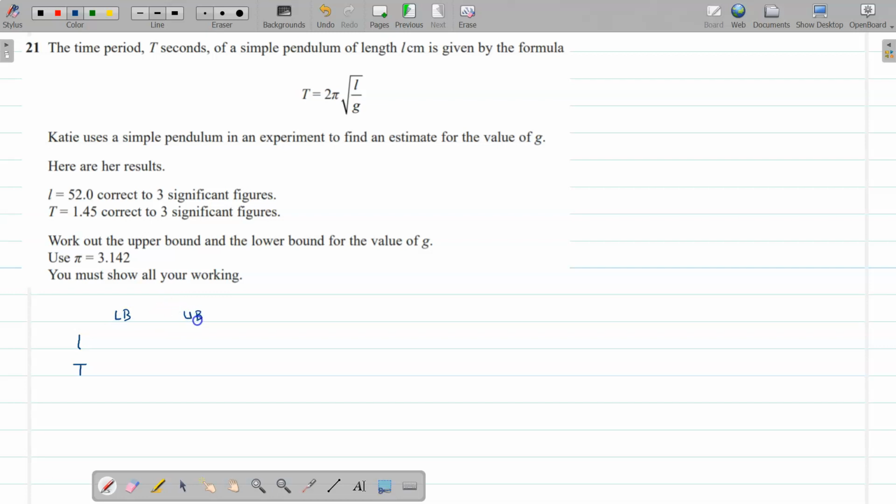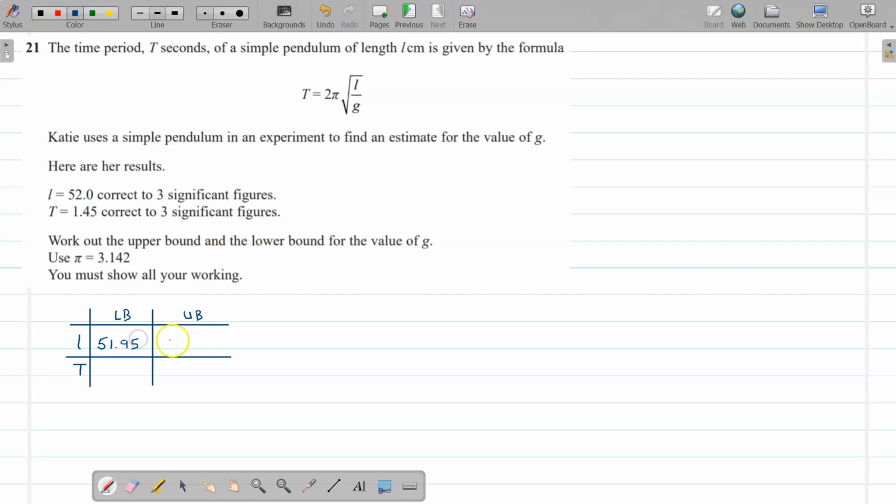So let's just quickly establish what those could have been. The lower bound of L, which is given to 3 significant figures to be that, could have been 51.95.